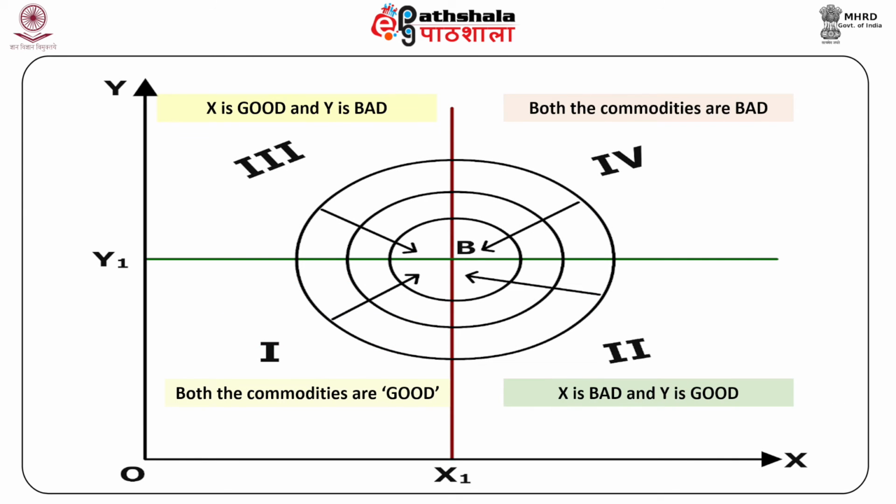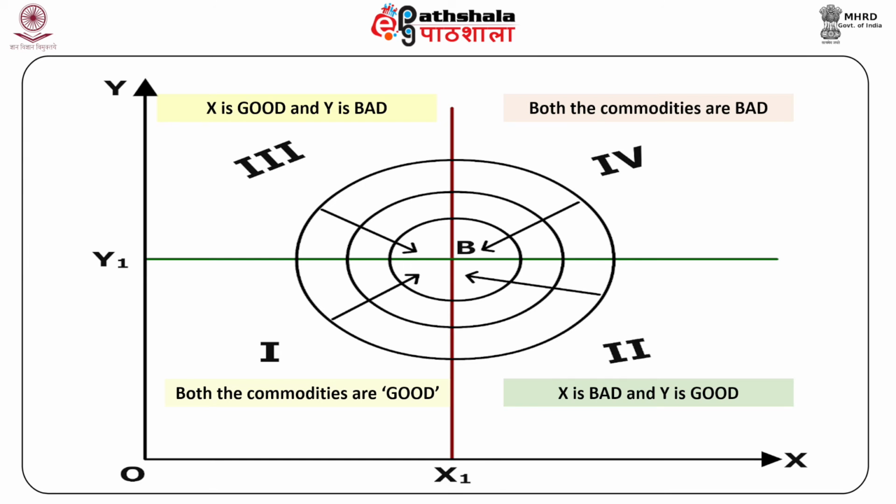A commodity may be a good up to a point called the point of satiation, and then become bad if the consumer is forced to increase his consumption beyond that point. In short, far too much of any good may be bad. Let us suppose that commodity X becomes bad as its consumption increases beyond X1 units, and commodity Y becomes bad beyond the quantity Y1.